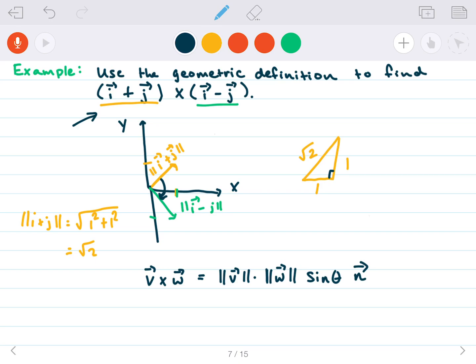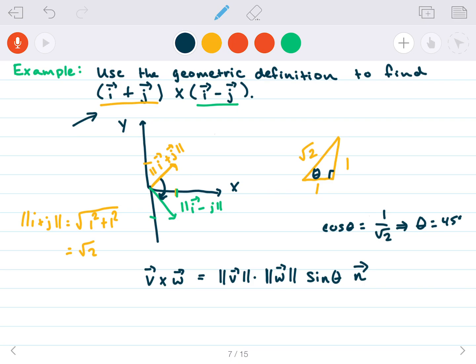Here's theta. And so the cosine of theta, or the sine of theta if you like, is going to be 1 over root 2. And if we do the inverse, you can do it in the calculator, or you can just think back to your unit circle: which angle has a cosine of 1 over root 2? That angle has to be 45 degrees.